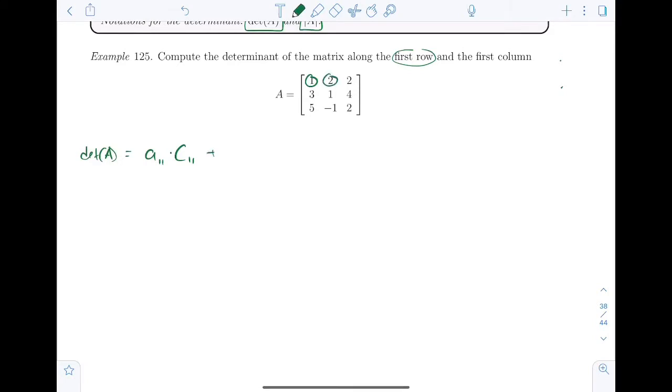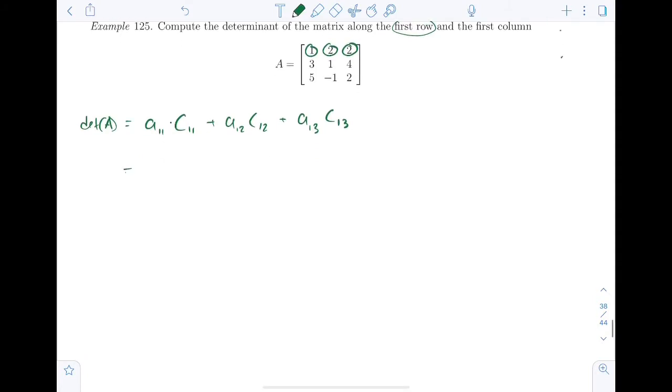Then A12 C12, and then A13 C13. A11 is just the entry 1. C11 is going to be positive in the first spot.